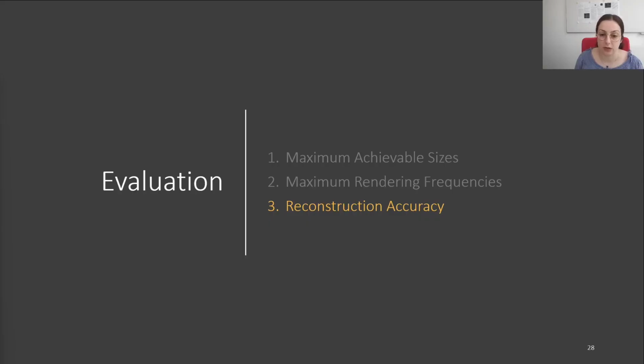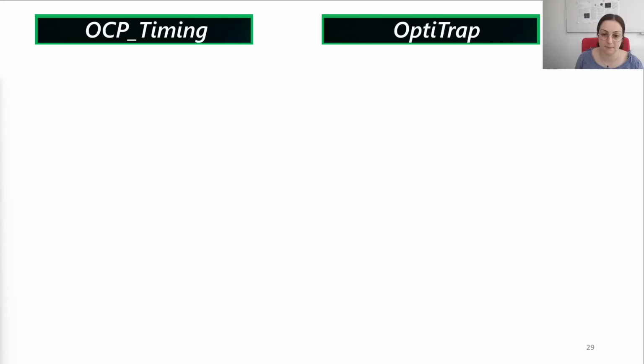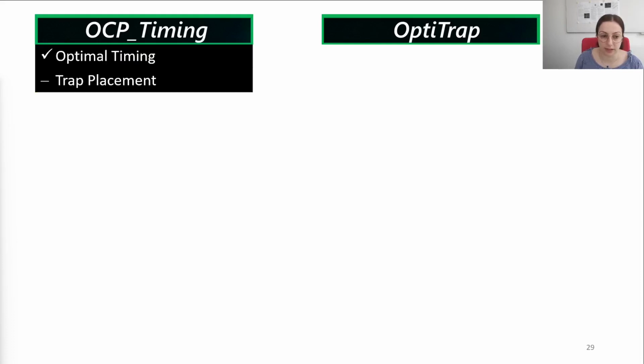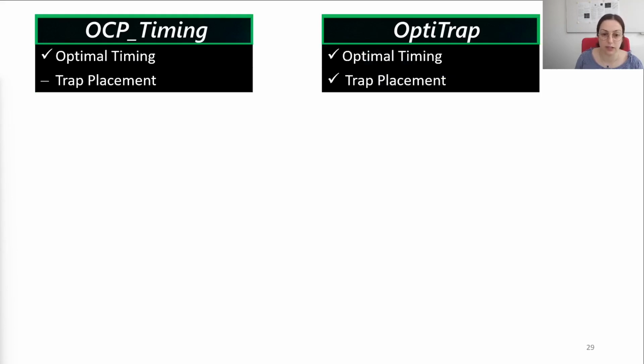Finally, our third evaluation test is an ablation type study. We name OCP timing an approach which makes use of our OptiTrap algorithm to compute optimal and feasible timing, but still positions the traps along the reference path. And we compare it against the full OptiTrap approach.